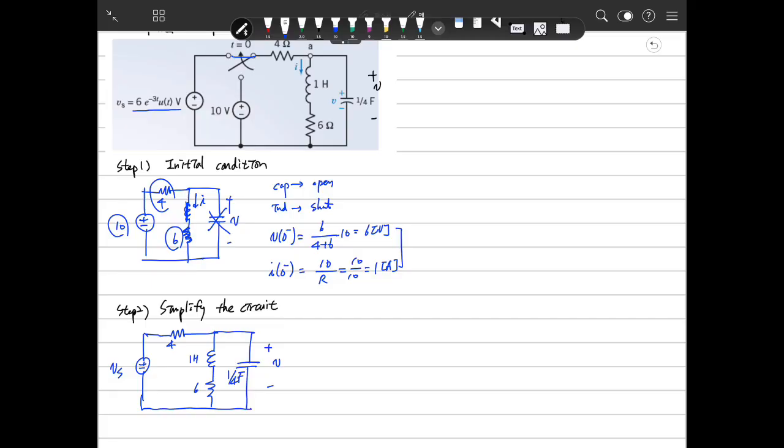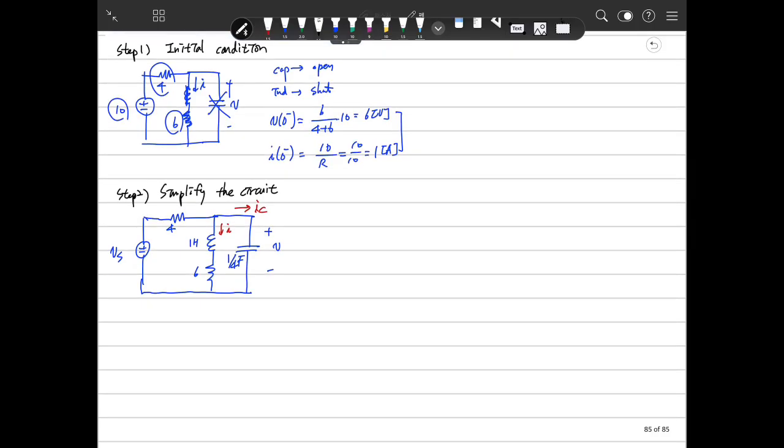And we define this current as IC, we define it here. Based on here, we define this current as I. Then step 3 is to derive the differential equation from the simplified circuit.